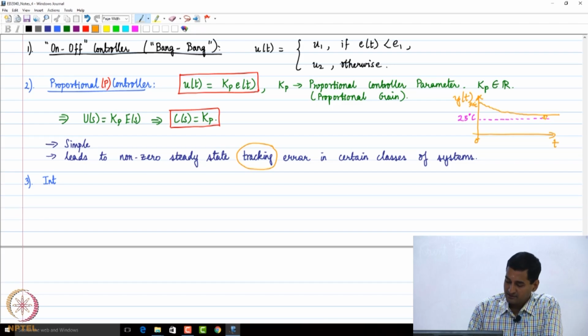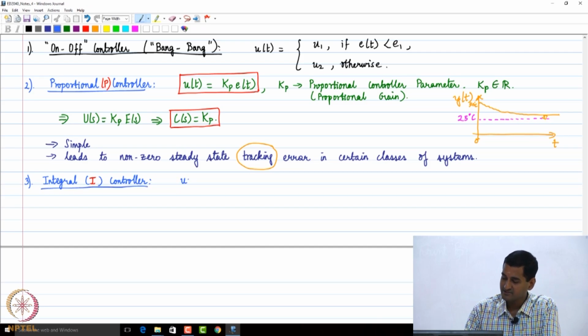Then let's go to integral control, which is abbreviated by I. So what is this integral control?